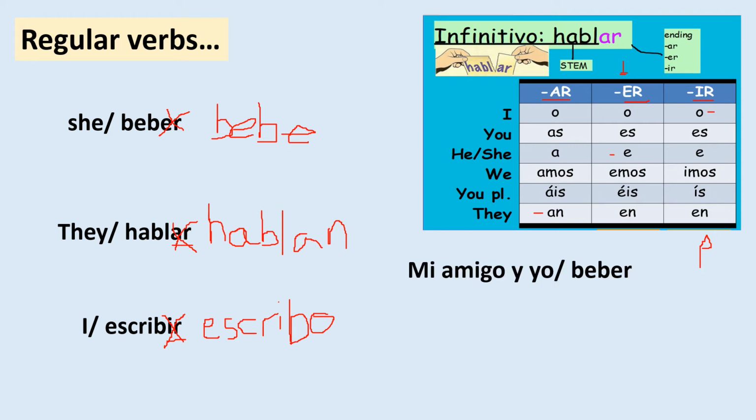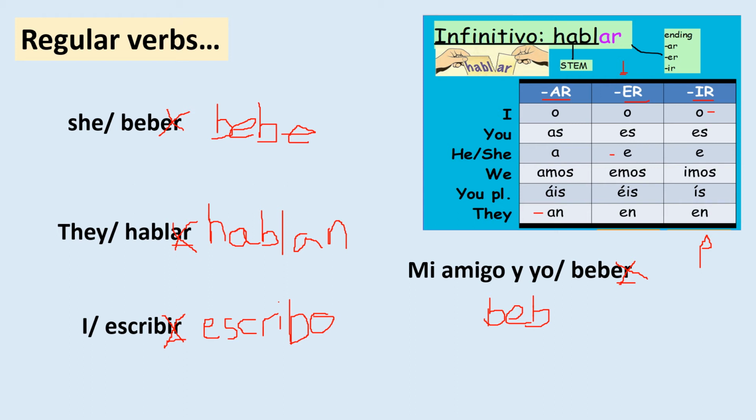Let's do another example. Let's conjugate beber for mi amigo y yo, which means my friend and I. So beber means to drink and ends in -ER. So I remove the ending first thing, and I'm left with beb. Now I need to think: mi amigo y yo, my friend and I, is the same as we.